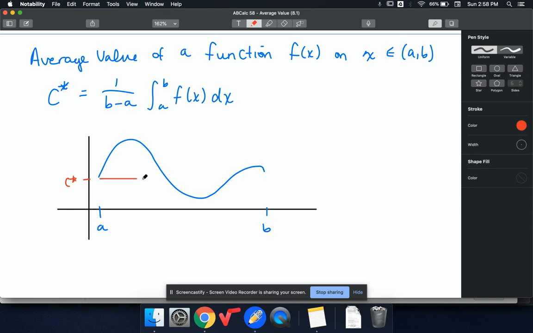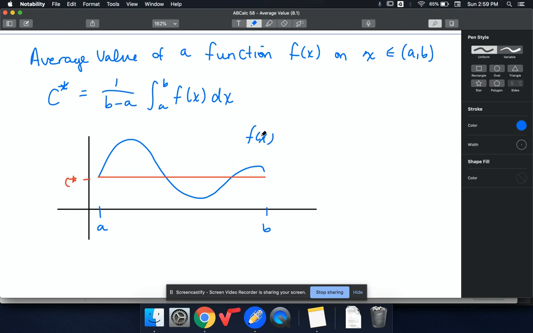So this is where my rectangle would have the same area, and it doesn't have to be at that midpoint or that endpoint there. That just happened to be where I put it. So we're saying this rectangle has the same area as this shaded bit underneath. And I would also say that c star is the average value of f of x.